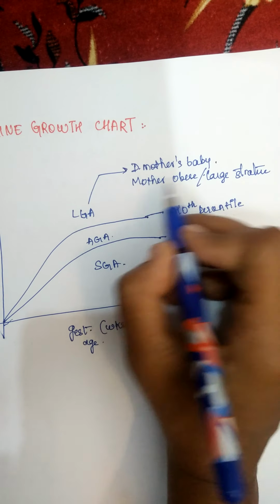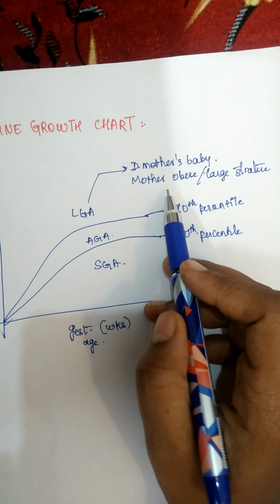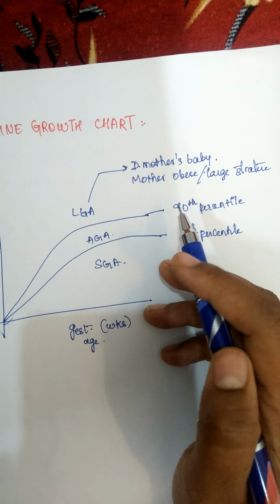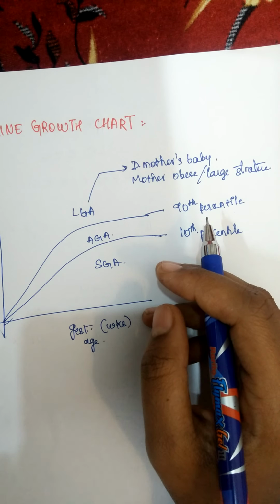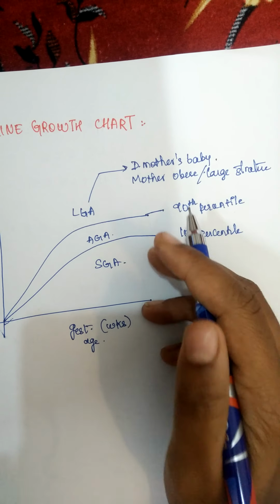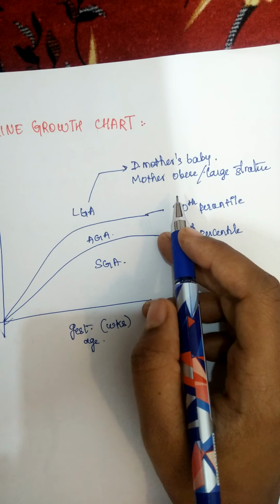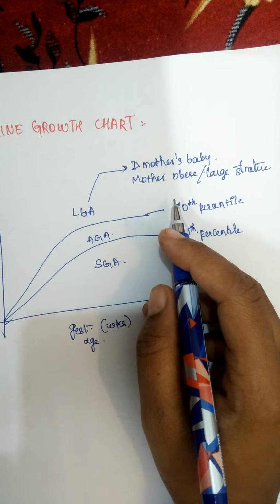Like if the mother is obese, the insulin will be more. Insulin is anabolic, as opposed to catabolic. Insulin helps in building those things. So if a baby has more insulin, the size of all the organs will be more. So in that case also, large for gestational age.